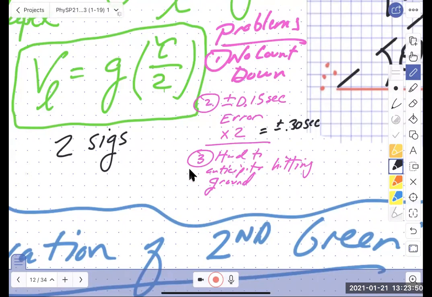It's half tau because we make the assumption that the rocket going up takes the same amount of time as the rocket coming back down. That's assuming that air drag is not a huge thing. The rocket's fairly streamlined. There are some fins on it, but it's pretty streamlined. And there were no updrafts or downdrafts.